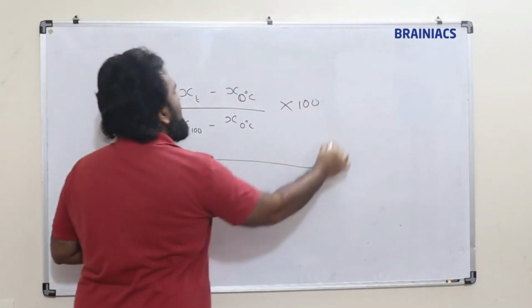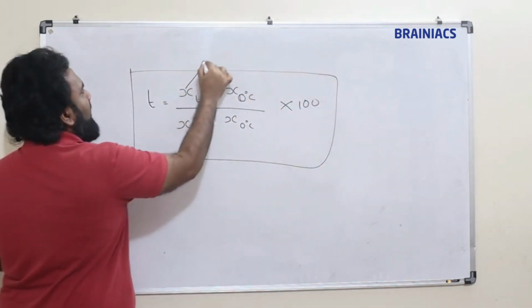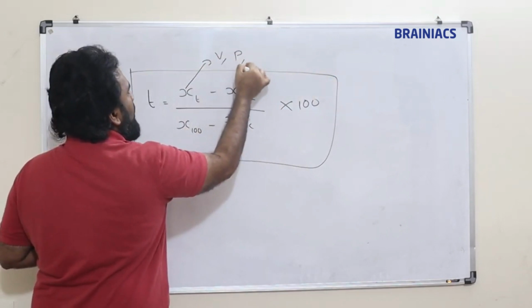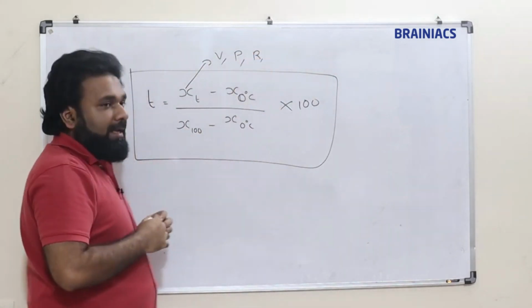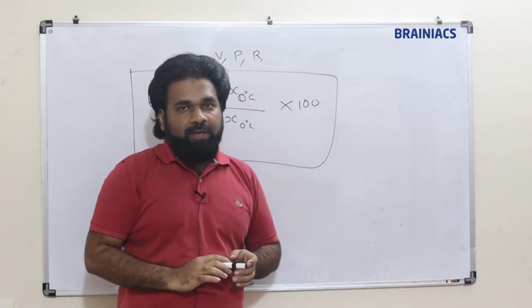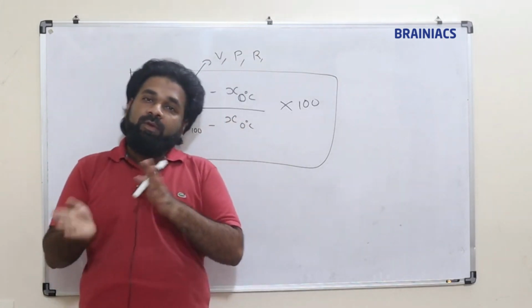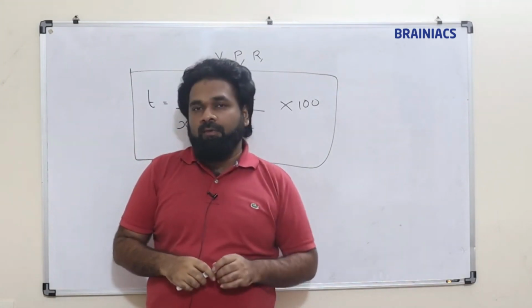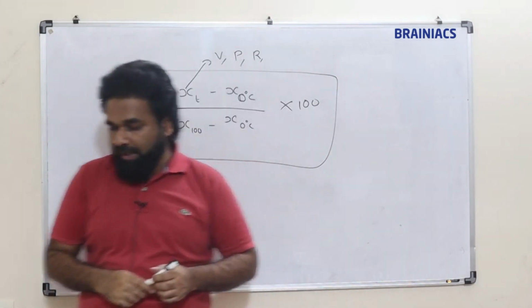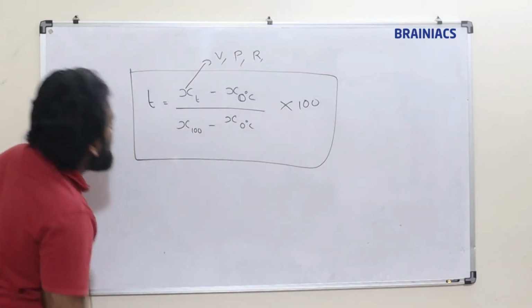So this is the formula. Here we can put volume, pressure, resistance, or if we want, length, or whatever it may be. Sometimes how this variation occurs is also given in the question; all these things we will practice when we discuss problems. Okay, clear? Fine.